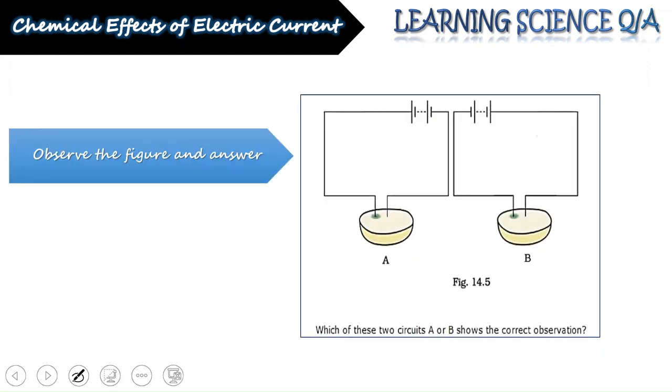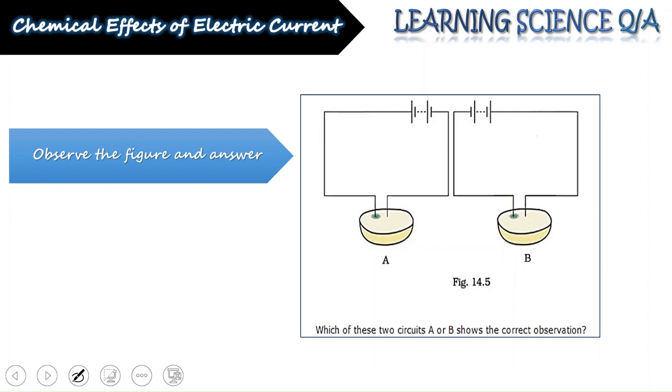Now the next question here is: observe this figure and tell which of these two circuits, A or B, will show the correct observation. Students, this is an activity from your NCERT where the potato gets a green mark or appearance of a green colored substance where the positive terminal of the battery was connected, right?